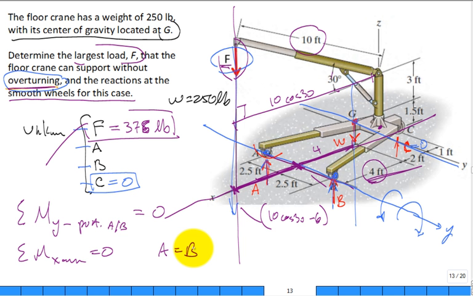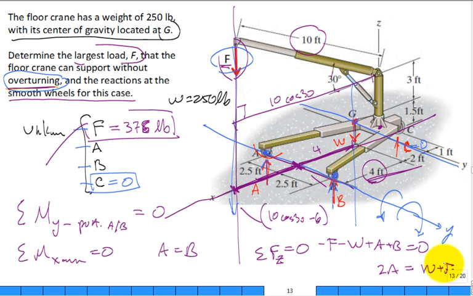Yeah, you can do that to solve for the A's and the B's. Or the easier one, just say the sum of the forces in the z direction is equal to 0. So I have the load down, I have the weight down, and I have A up and B up. And we just said A is equal to B, so 2A is equal to W plus F.